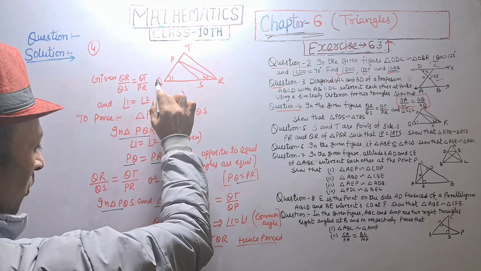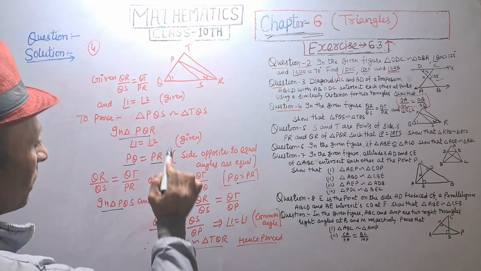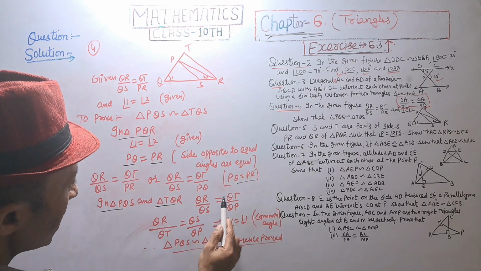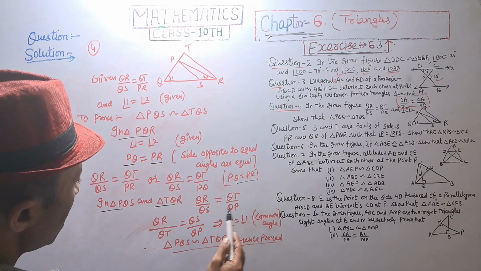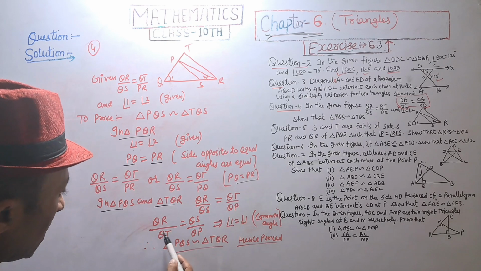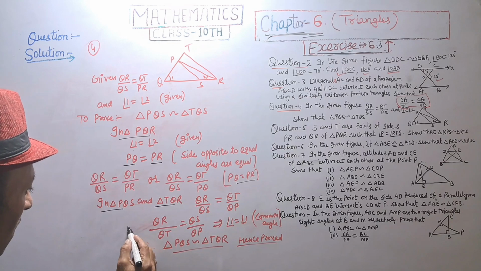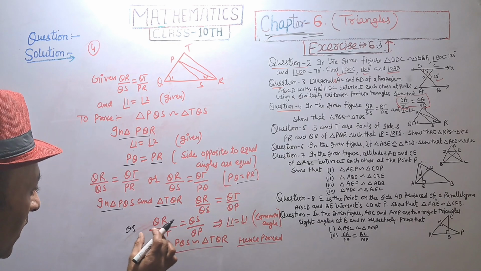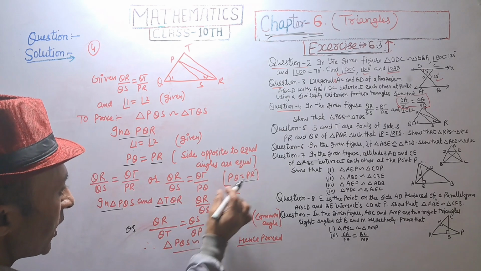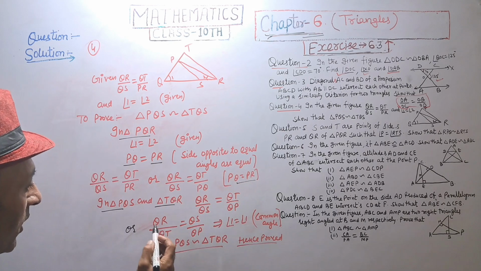QR upon QS is equal to QT upon QP, or this can be written as QR upon QT is equal to QS upon QP.